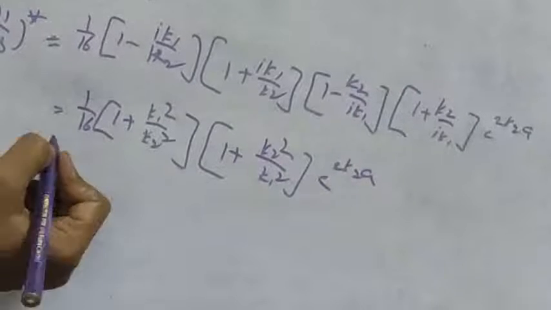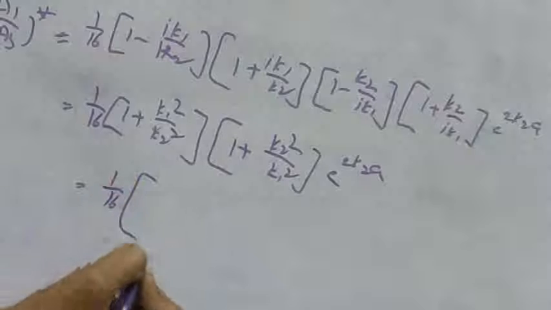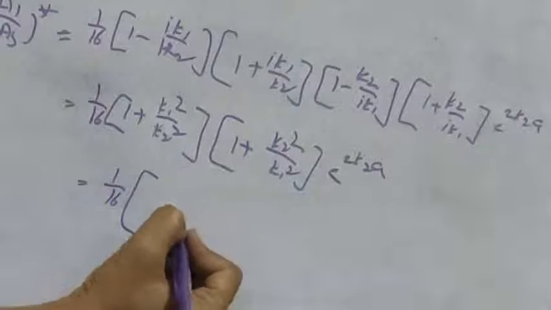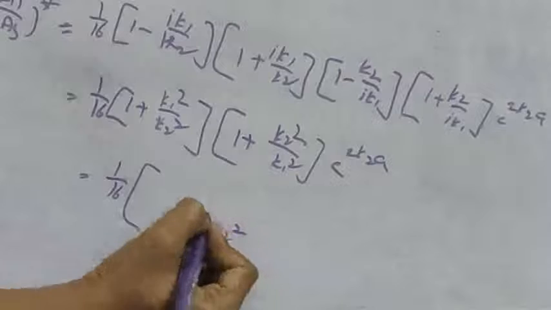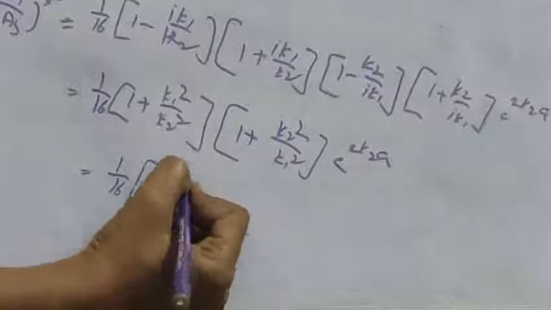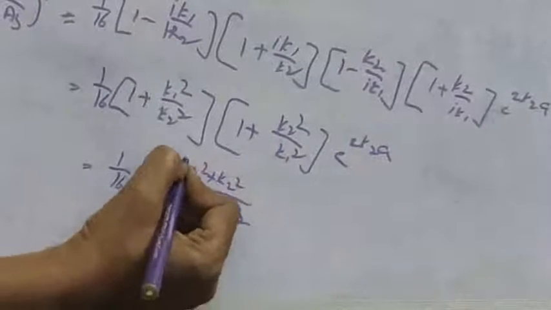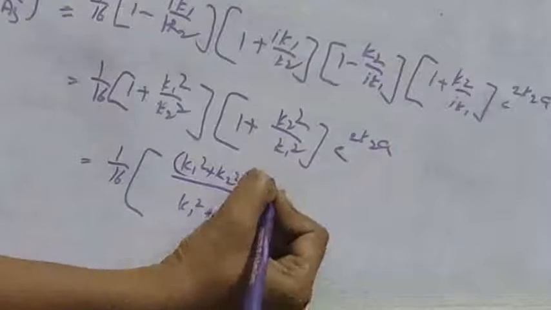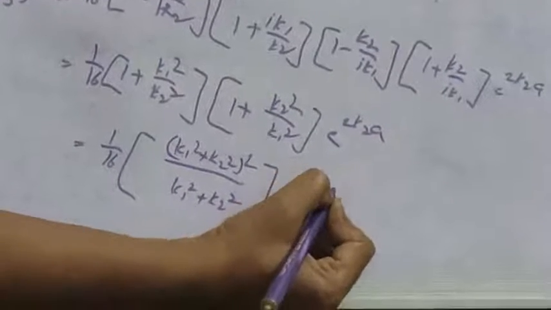Now this can be written as 1/16, with the LCM K1² K2², we get (K1² + K2²)² into e^(2K2a).